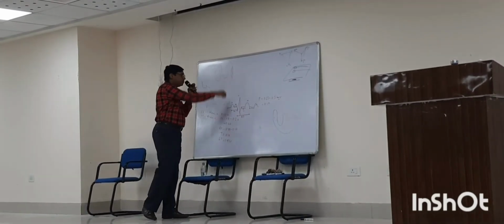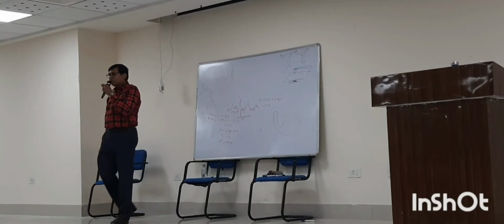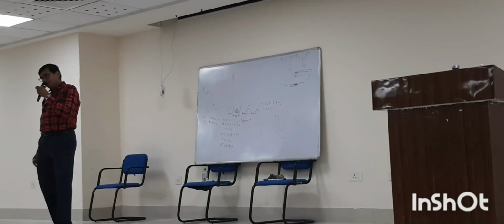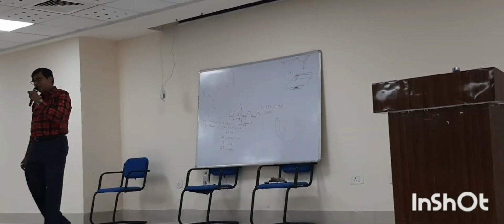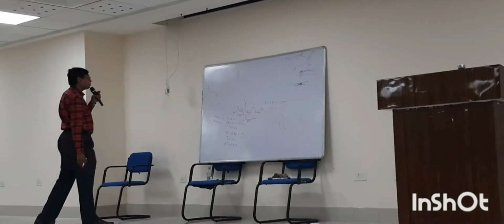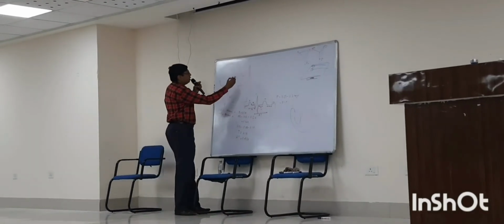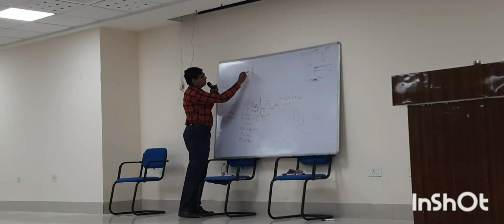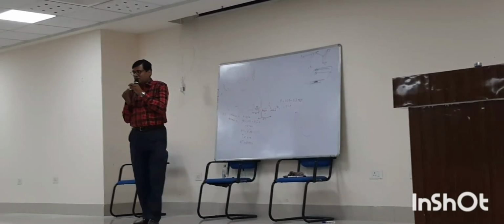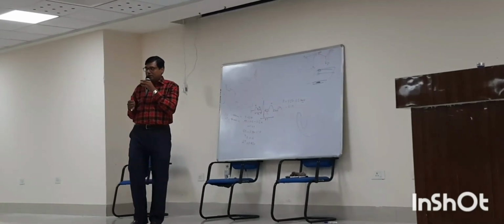There is sub-epicardial myocardial tissue injury. Sub-epicardial tissue injury. The ventricular vector comes, right? Look carefully.